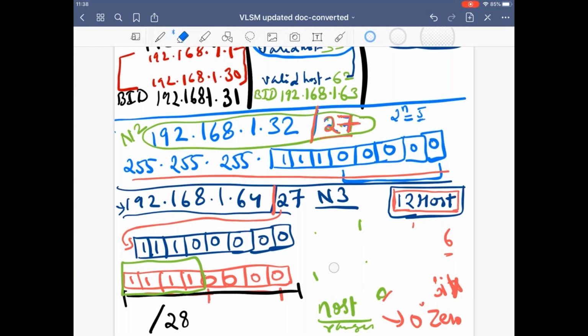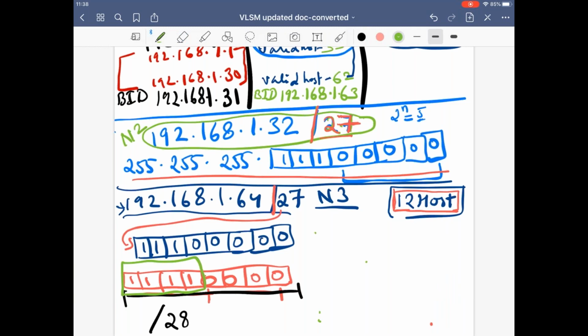So we have got /28. That means what will be the valid range? That is what I was calculating. 256 minus 240, the answer should come 16. 256 minus how much?